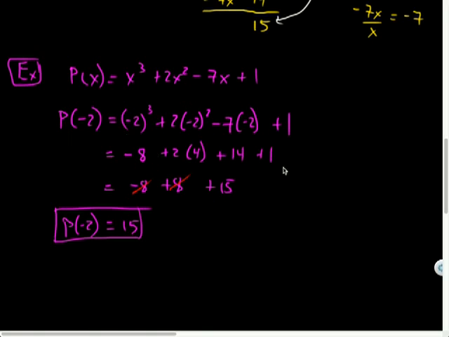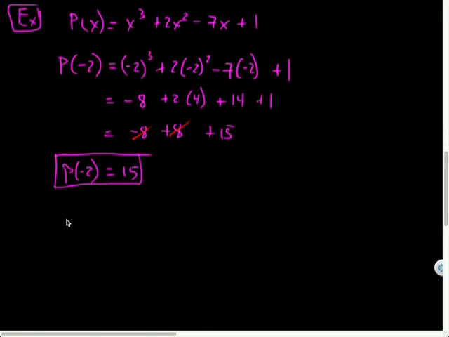So if you had a guess, maybe we could do that. Yeah, let's do that. What if I want to figure out what P of 3 is equal to? This process is called direct substitution, by the way.